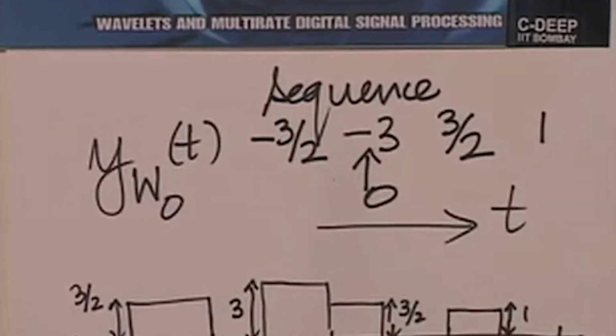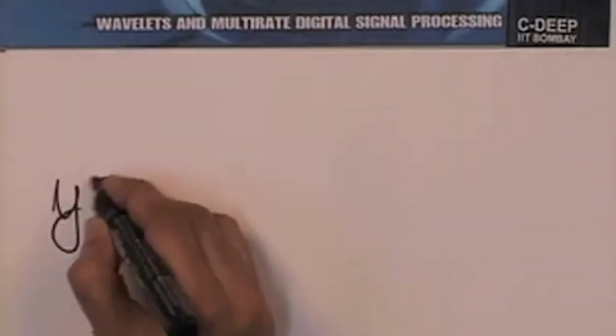Now, we have also seen the filters that correspond to this. So, yesterday we noted that if we put down the sequence y n, let us now put it down in the language of discrete time processing.